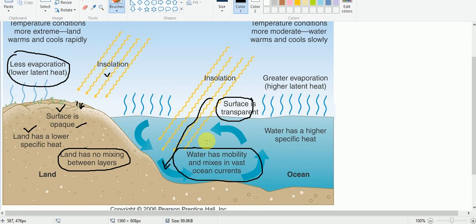And one more thing you have to know is that, as given here, the specific heat of water is higher than land. That means water requires more heat energy as compared to land.